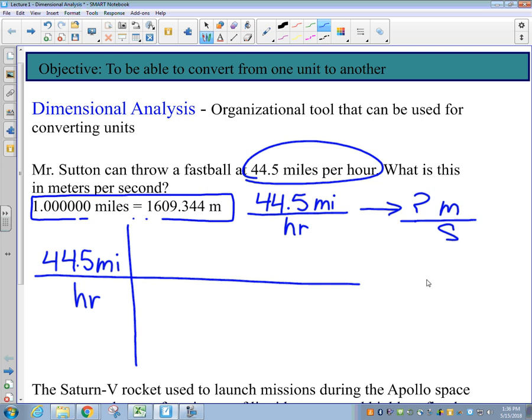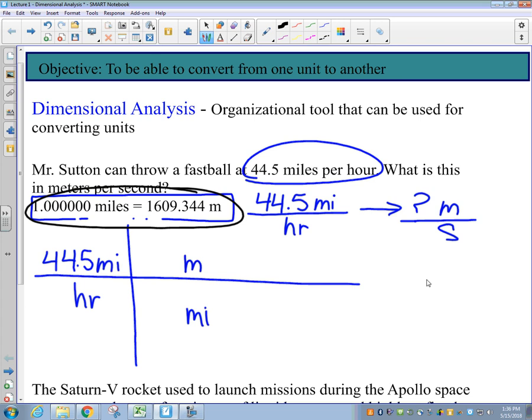So here I have 1 mile is equal to 1,609.344 meters. I can express that as a fraction, and I want the fraction to be written so that miles is on the bottom, so that it will cancel out. So I'm going to put units of miles on the bottom, units of meters on the top. And I'm going to use this conversion factor here in order to do this mathematically.